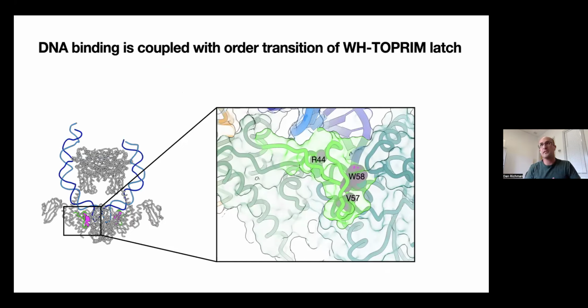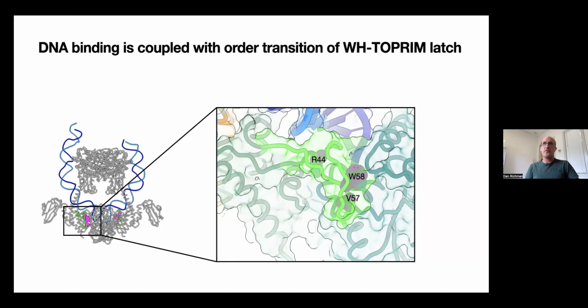Before the cleavage competent conformation is actually achieved, even in just the DNA bound state, a previously unresolved long loop from the winged helix domain turns into a really ordered latch that attaches itself to the top rim domain. I've highlighted three residues there that are packing residues. If those are mutated to alanines so that the packing capacity is reduced, the supercoil relaxation of the enzyme again is severely reduced.